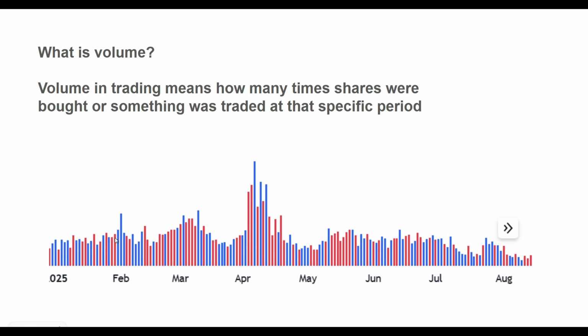There is a difference between the real volume and the tick volume, but they don't differ that much. Statistics say that the accuracy of the tick volume is 90% as compared to the real volume.